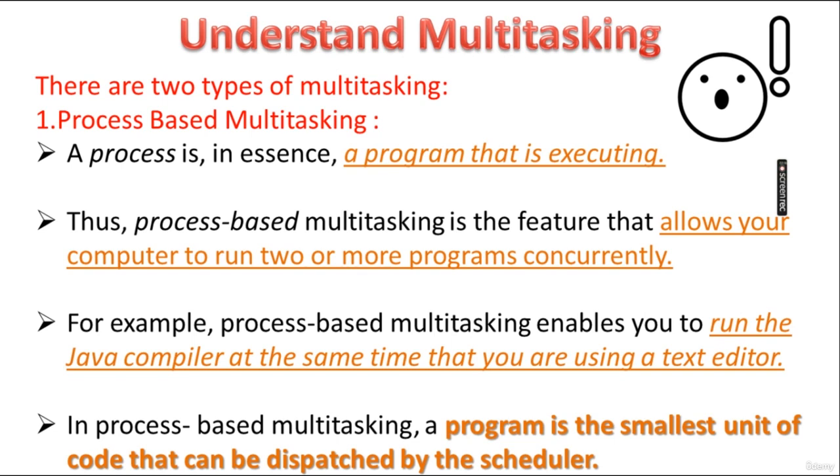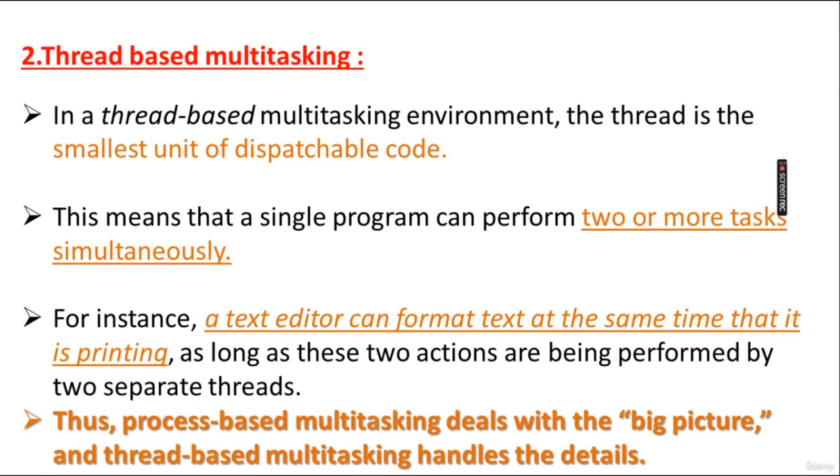So for example, your computer is running for 60 seconds. That 60 seconds will be divided, for example, among 3 processes or 3 programs. It will allot 20 seconds for each and every program. So we will think that all the programs are running at the same time or concurrently.